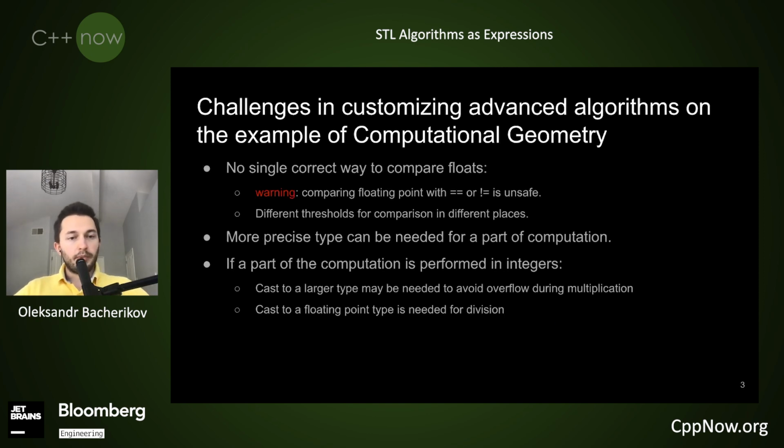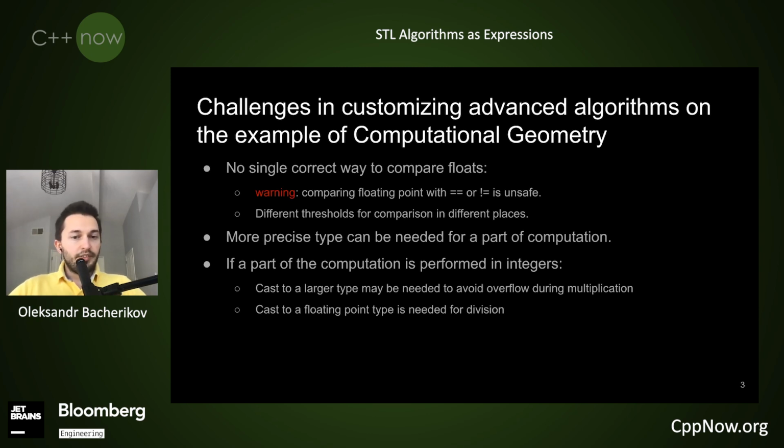Okay, let's start with motivation. And I think computational geometry is a good example of challenges that I saw in customizing advanced algorithms. Why is that? Well, the first reason is that there's no single correct way to compare floats. And if you try to use the equals for that, you probably saw a compiler warning similar to the one I have here.